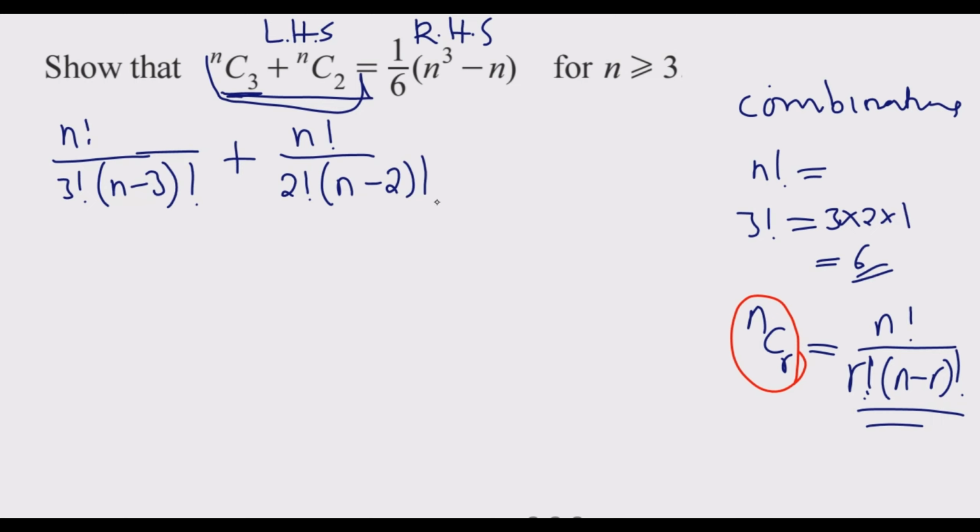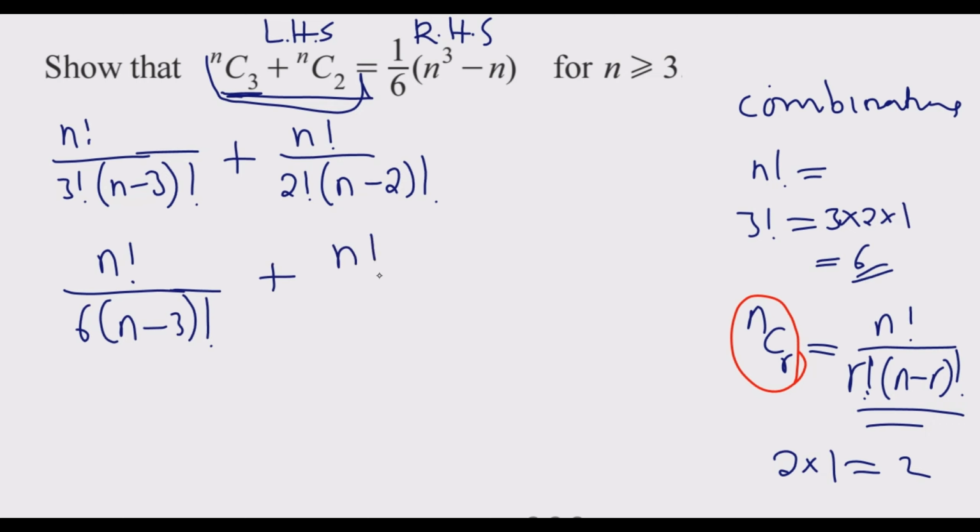At this point, we know that 3 factorial is 6, and 2 factorial is 2 multiplied by 1, which is equal to 2. So we are going to have n factorial over 6, which is 3 factorial, multiplied by n minus 3 factorial. Because we don't know n, we cannot simplify this for now. Then plus n factorial over 2 times n minus 2 factorial. Remember, this is the 2 that we've put there.